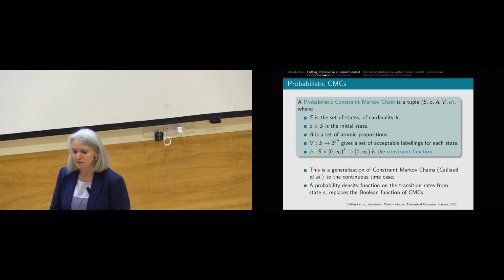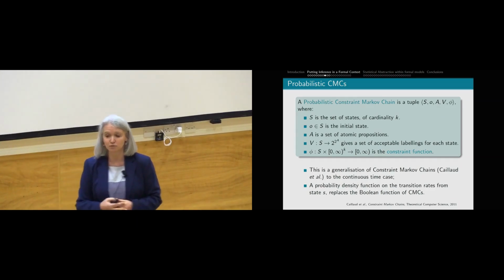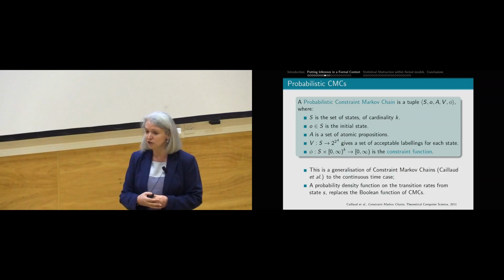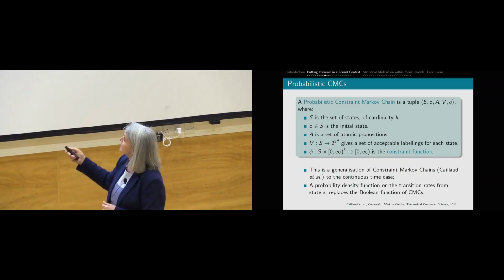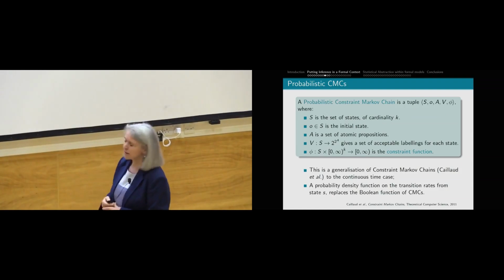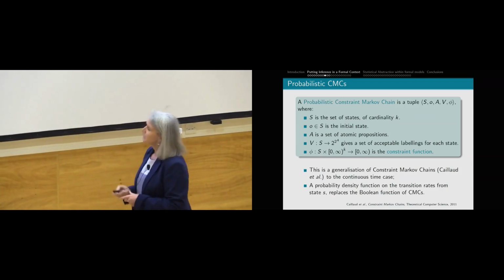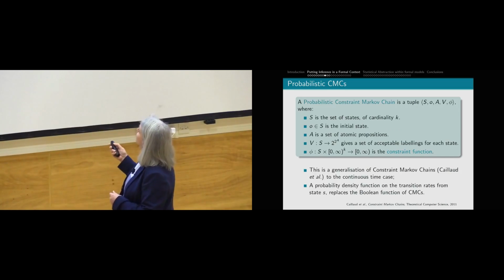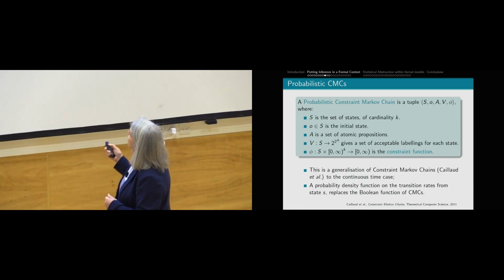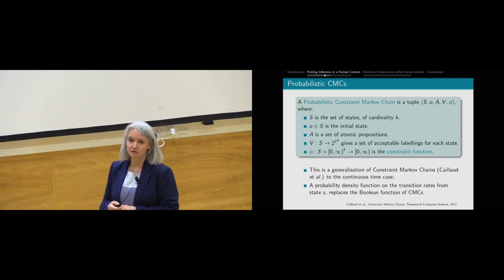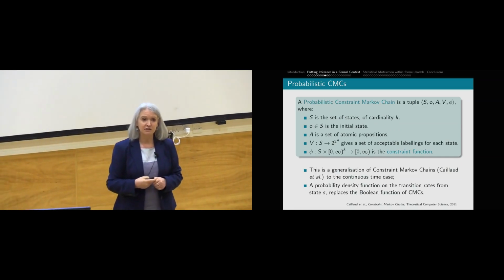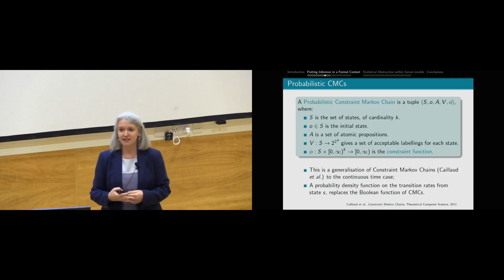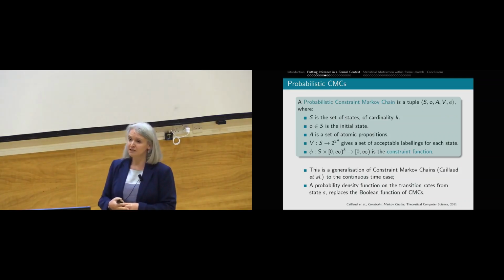And formally, in terms of mathematics, the structure is what's called a probabilistic constraint Markov chain, which looks very like a Markov chain in that we have states, initial states, and ways of labeling our states. But now we have here a constraint function rather than a rate function. And what our constraint function tells us is the set of acceptable values for rates for any transition in the system.